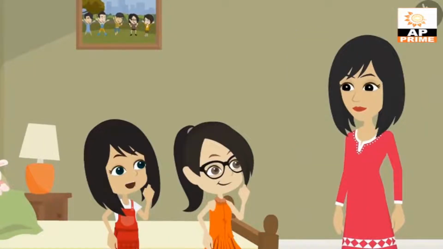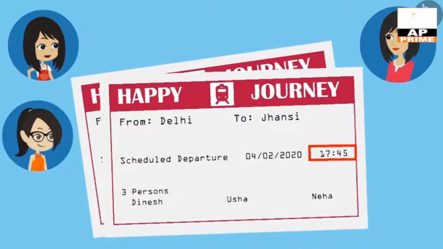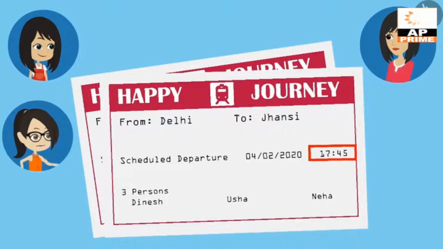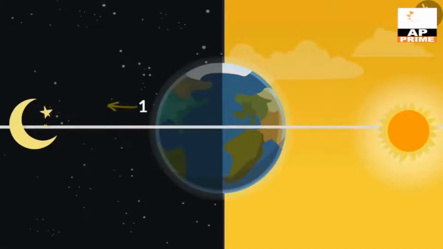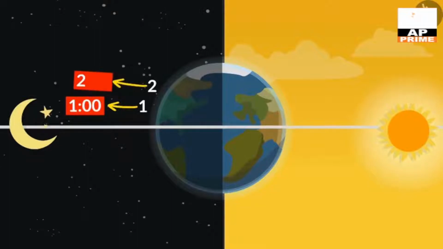So does this mean that this is written in the 24 hours format? Yes. But how will we know whether it is evening or morning time? It is very easy. 1 o'clock at night is written as 1:00. Just like that, 2 o'clock at night is written as 2:00.